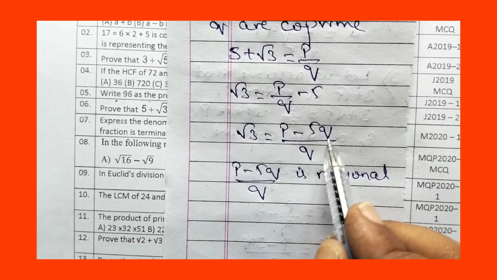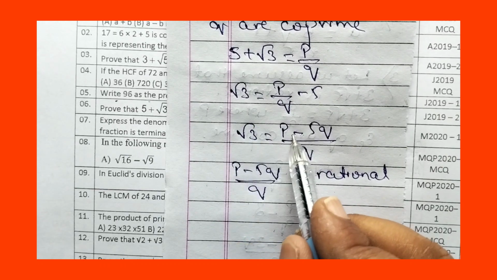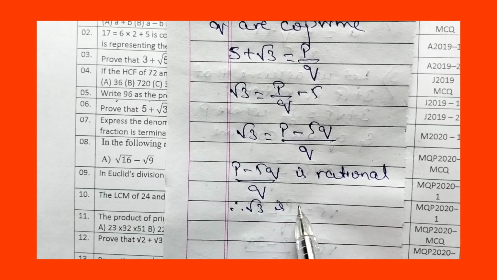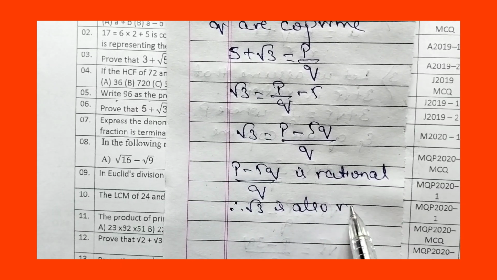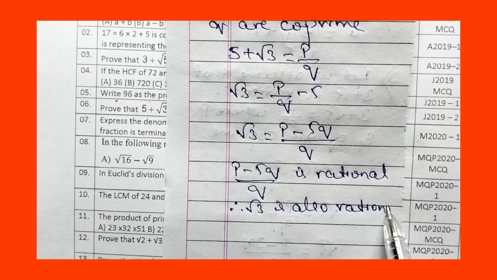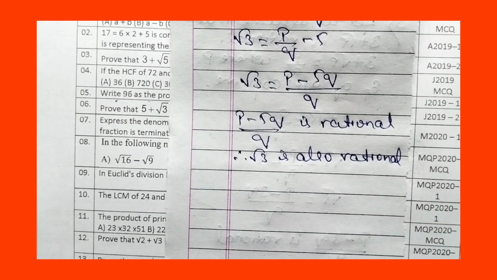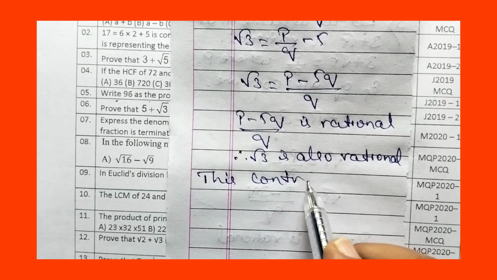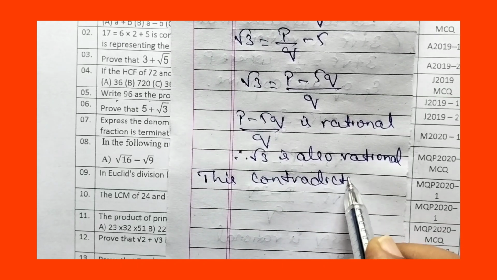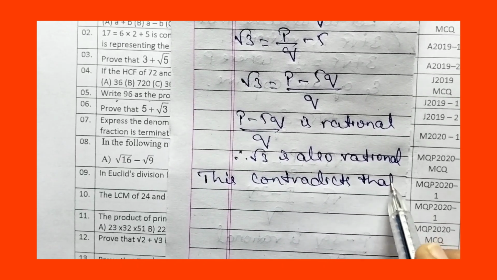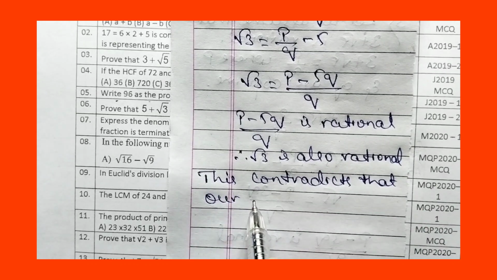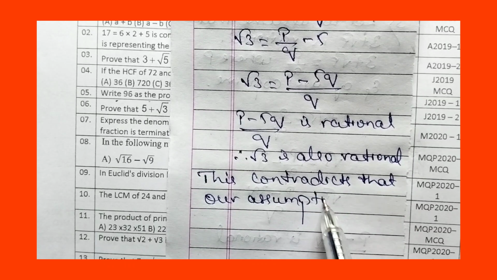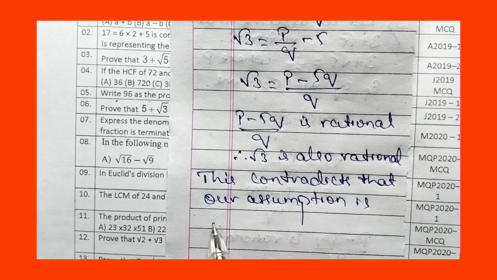If it is rational, then this is also rational because both are equal. Therefore root 3 is also rational. So you have to write the next sentence. This contradicts that our assumption is wrong.